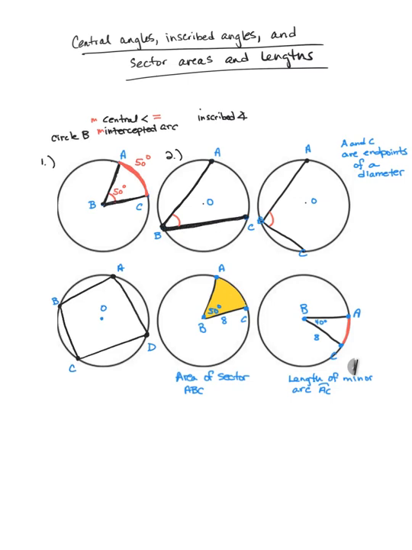This inscribed angle measures half the measure of its intercepted arc. The intercepted arc is the arc going from A to C. Let's say that measures 60 degrees, then this would be 30 degrees. Vice versa, the intercepted arc would be twice the measure of the inscribed angle. So the measure of the inscribed angle is 1/2 the measure of the intercepted arc.